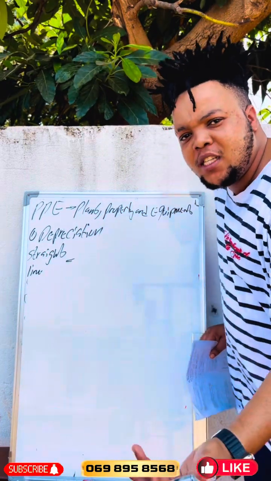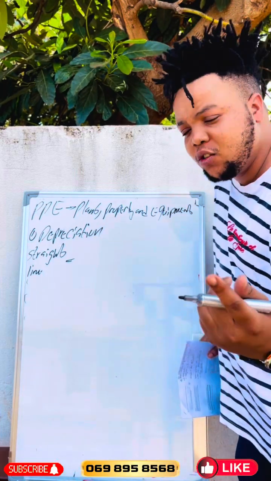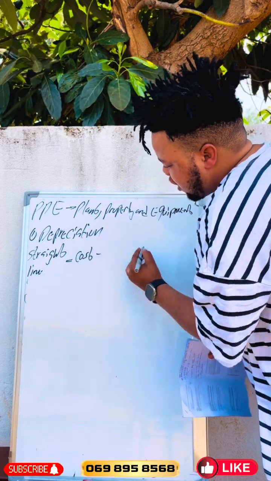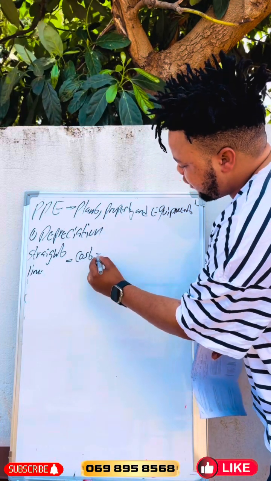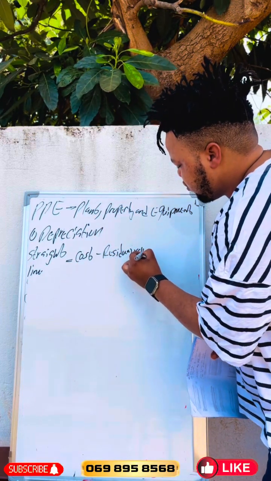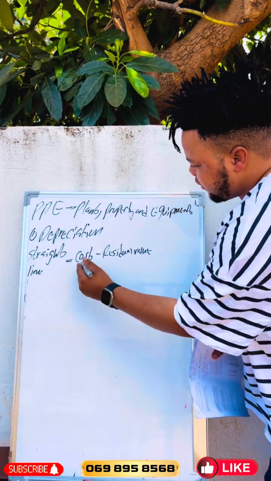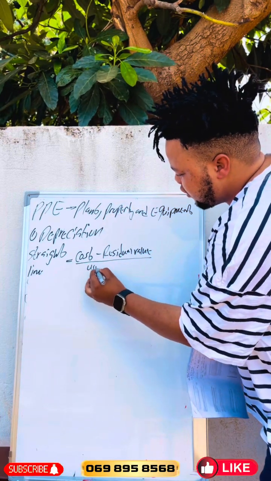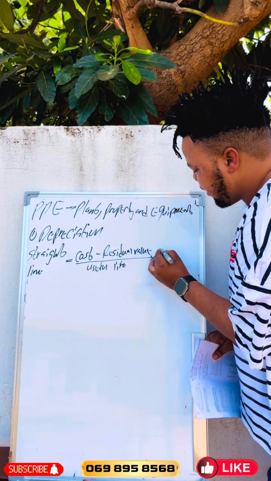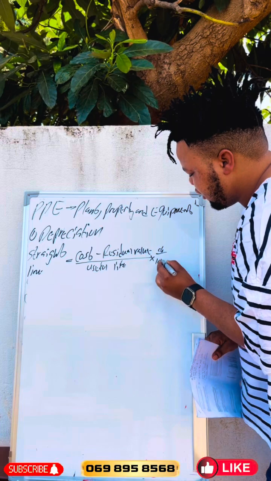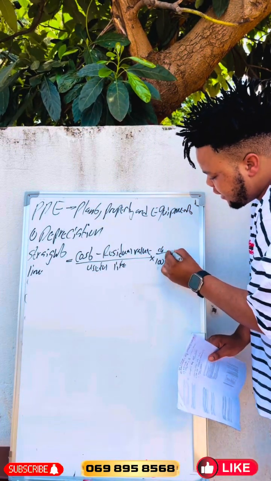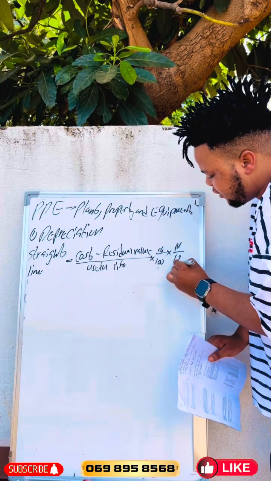Very important. So for the depreciation that we need to calculate, they are using the straight line method. What is the formula to calculate the depreciation using the straight line method? The formula is cost minus the residual value, and then you divide by useful life, and then multiply by percent over 100, if sometimes you have a percentage, and then multiply by m over 12.